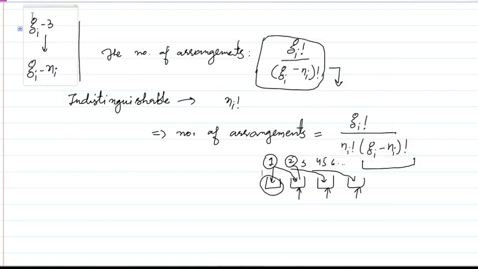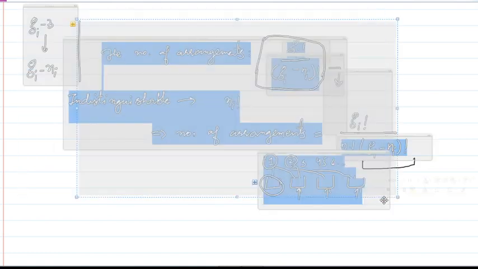Now we will see the thermodynamic probability, which is given by W directly proportional to the product of these arrangements, that means Gi factorial upon Ni factorial into Gi minus Ni factorial.